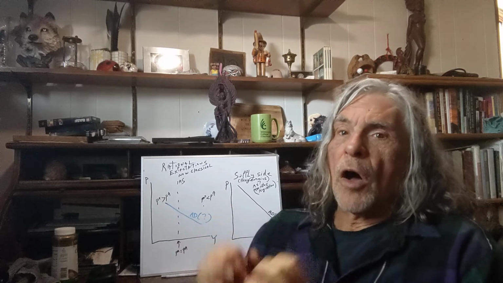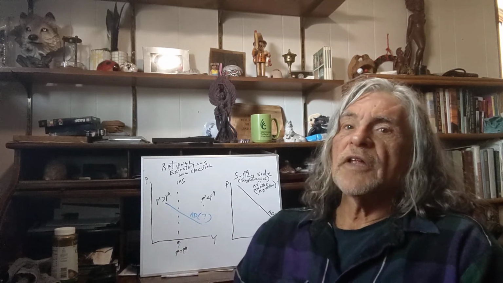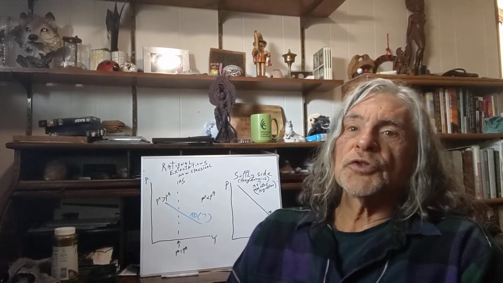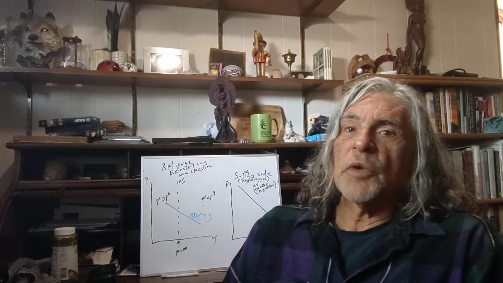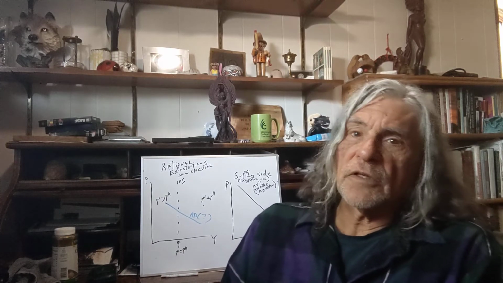So you have all these variables that have the potential to shift aggregate demand. And when aggregate demand shifts in the Keynesian model, the price level isn't the only thing that can potentially change. Also, real GDP changes.